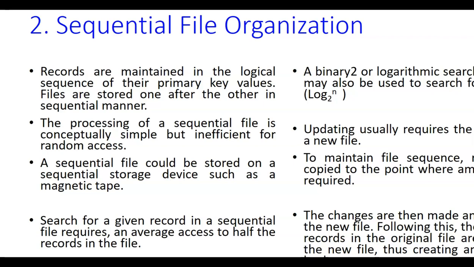A sequential file could be stored on a sequential storage device, for example, a magnetic tape. Searching for a given record in a sequential file on average will require you to access half of the records of the file, more or less.